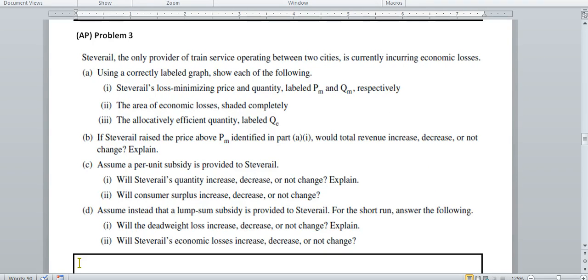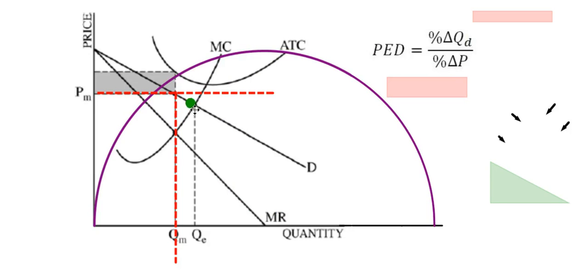if Steve Rail raised the price that you've already identified, what would that do to your total revenue? And that's why I drew in the total revenue curve right here, because if our price was about here with our total revenue, right?